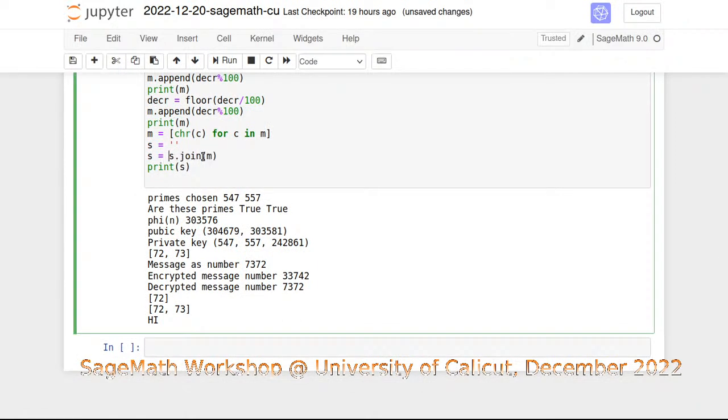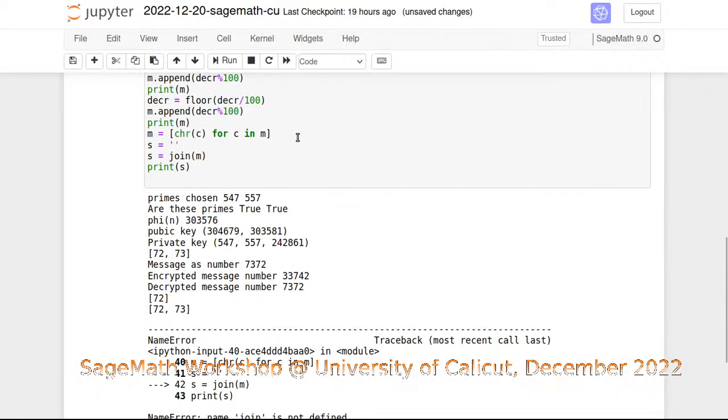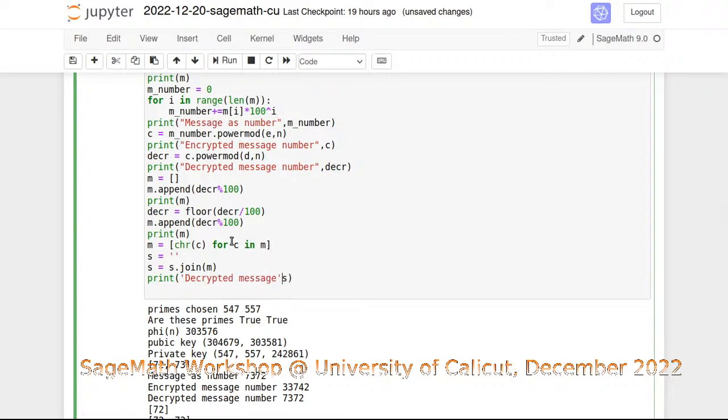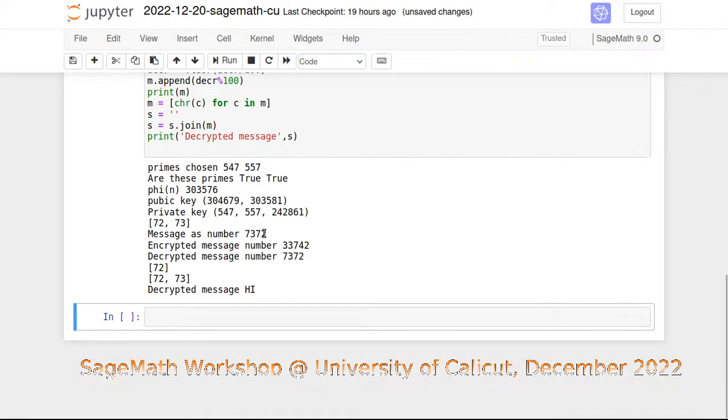So I set s to be an empty string. To s I joined this m. Or can I just take this? No. I need to join this to something. That's it. That's high.